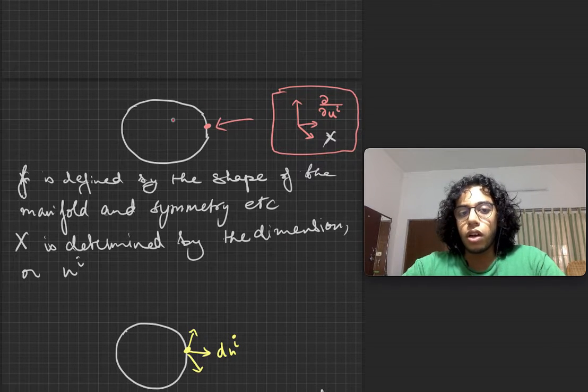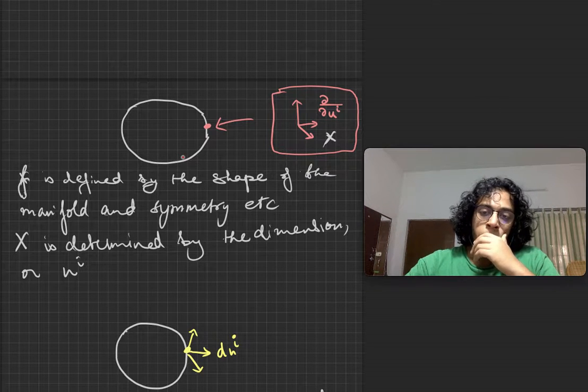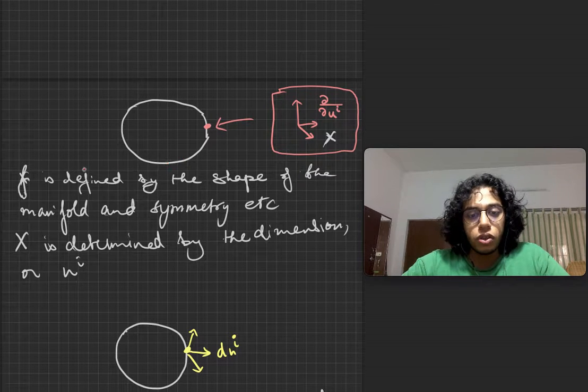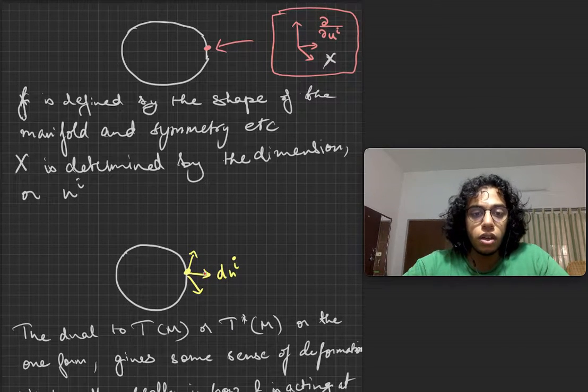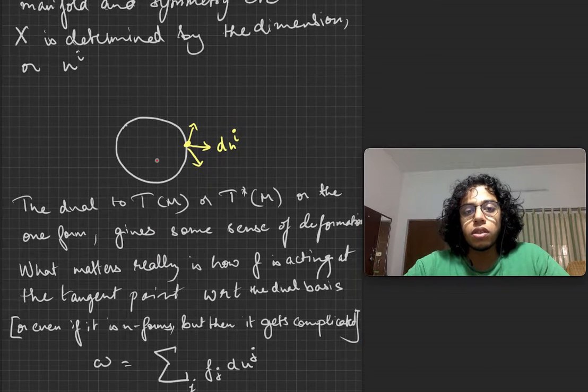So if you have r coordinates, f is defined by the r basis, right? So now the dual of the tangent space is something.